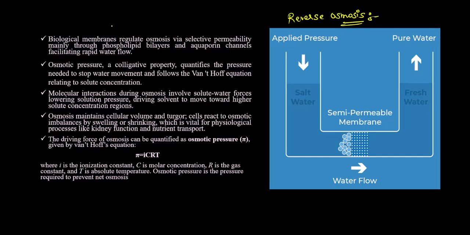Okay, so let us discuss how biological membranes regulate osmosis via selective permeability, mainly through the phospholipid bilayer and aquaporin channels.